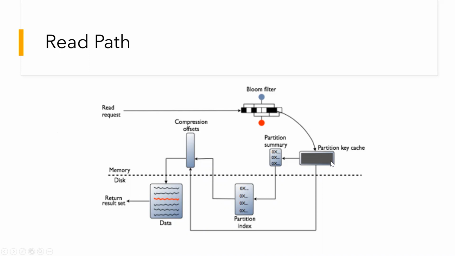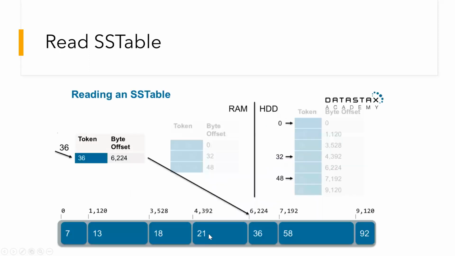If it doesn't exist in the key cache, it goes to the partition summary, checks for its index, then goes to the partition index, gets the offset, and reads the data. The partition key cache, partition summary, and Bloom filter are stored in memory, whereas the partition index and the respective data are stored on disk.